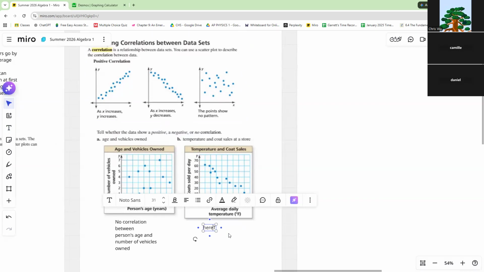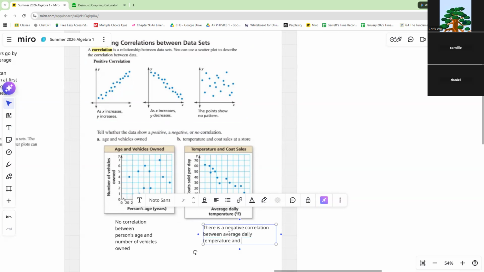So there is a negative correlation between average daily temperature and coats sold per day. Right? Makes sense. If the day is really hot, you're not going to sell that many coats. When the day is cold, people are going to buy coats. Right? Makes sense. Okay, cool.